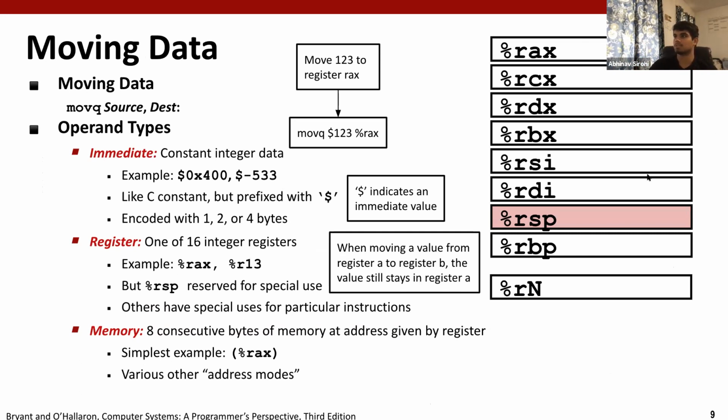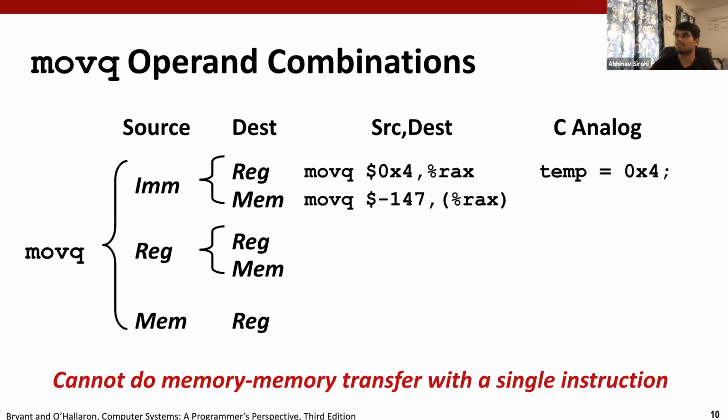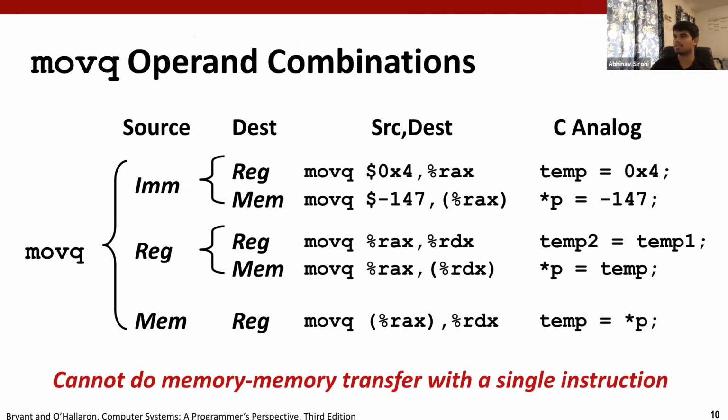If you wanted to move the number 123 into the register RAX, we would just do movq, and the first parameter is the source, which would be the 123 with the dollar sign indicating that it's an immediate value, and then the destination, which is the register RAX, where the percent sign indicates that we're talking about a register here. These are just different move operations that we have.